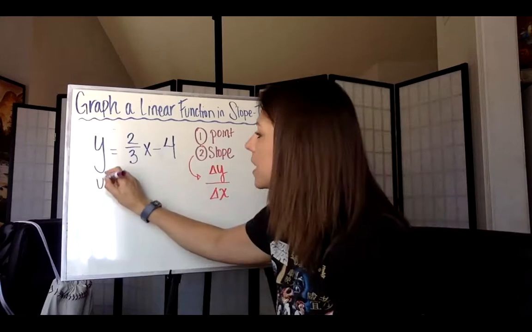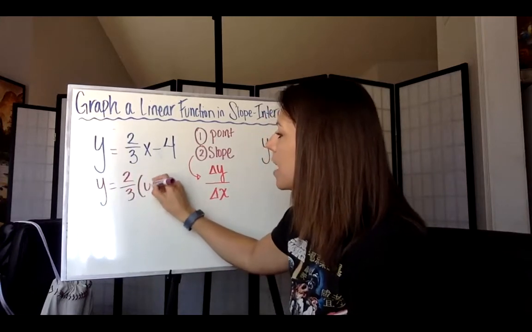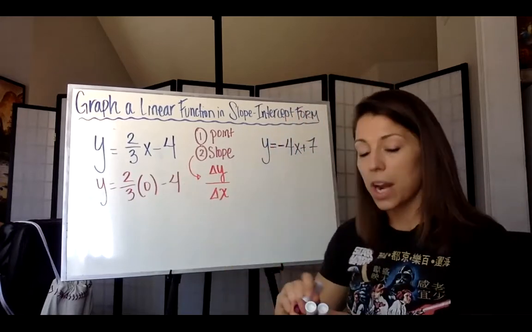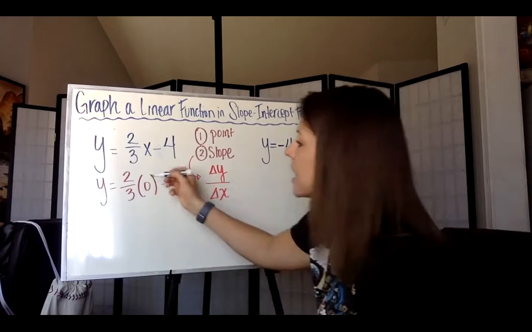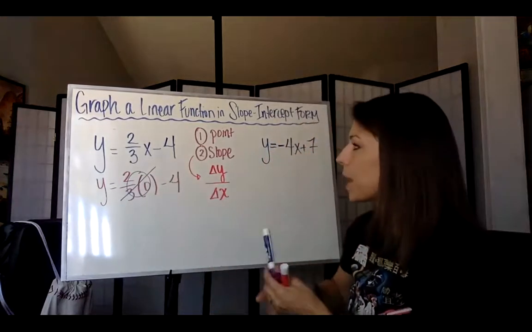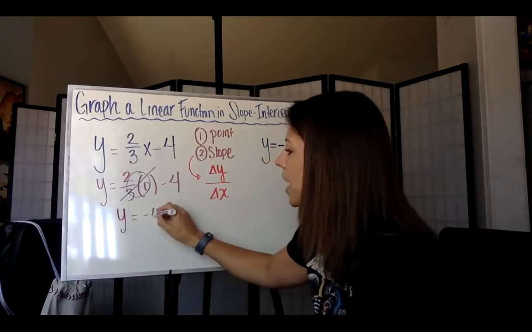Because when I plug in 0 for X, anything times 0 is always 0. So in other words, when I'm plugging in 0 for X, this becomes a 0 term. And what I'm left with is just Y equaling the constant at the end.